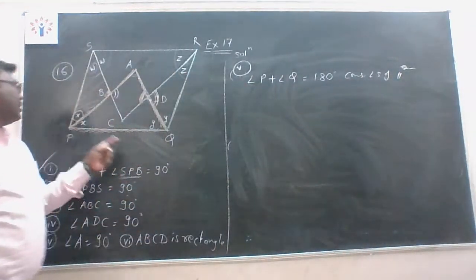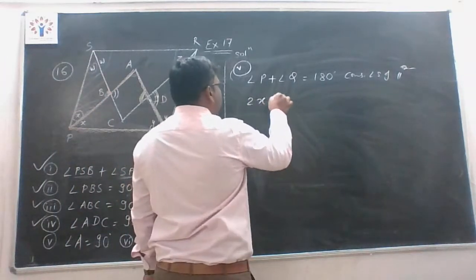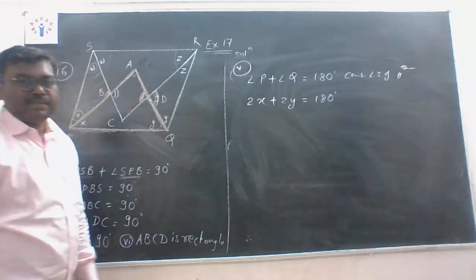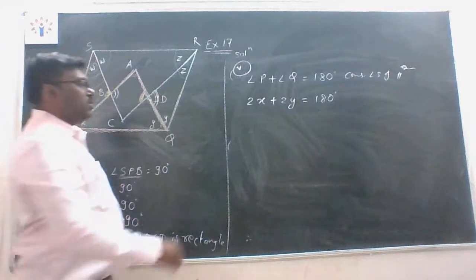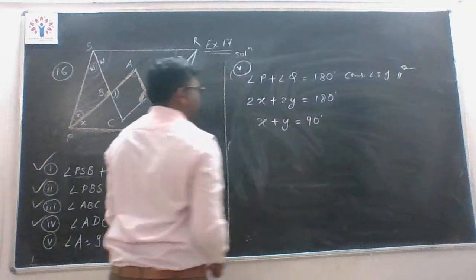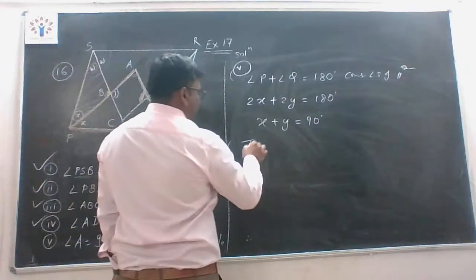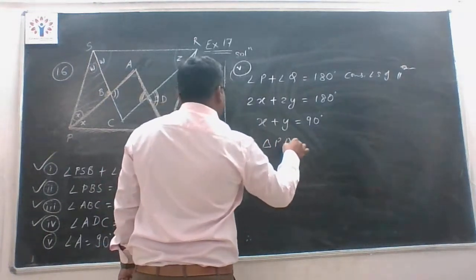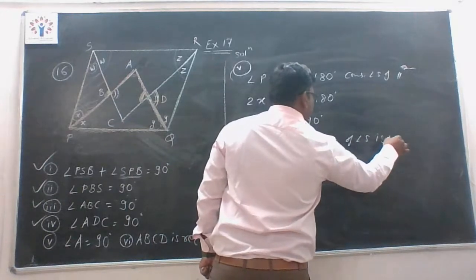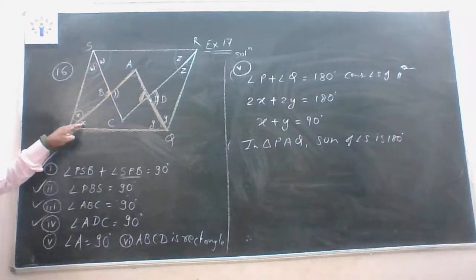So angle P is 2x, angle Q is 2y, which equals 180 degrees. Okay. So dividing the whole equation by 2, we get x plus y is 90 degrees. Now, in the triangle PAQ, the sum of angles is 180. So what are the three angles?